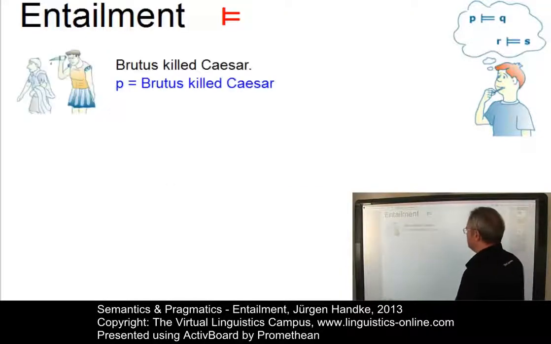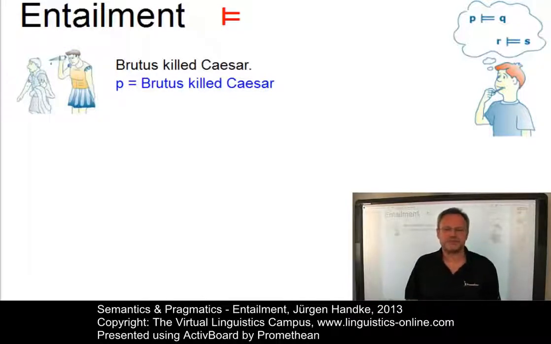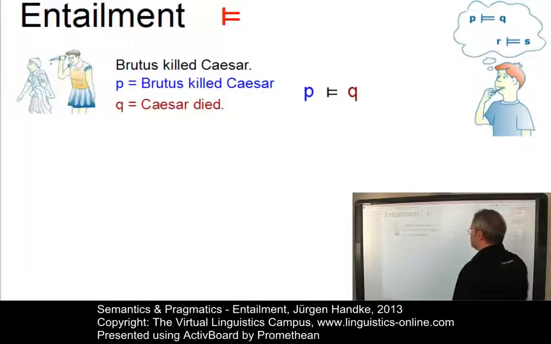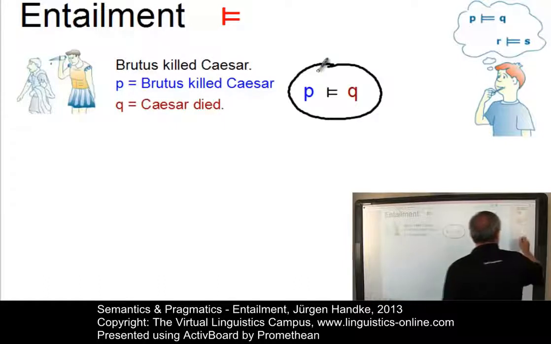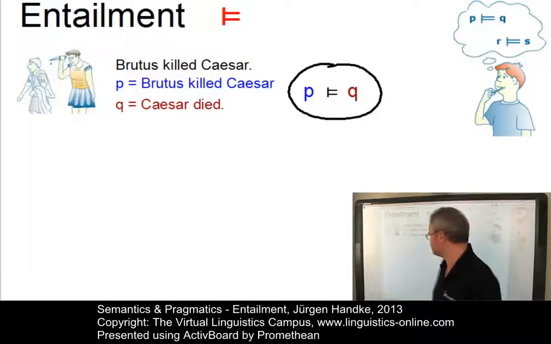Let's take the following proposition: P. Brutus killed Caesar. And this proposition entails that Caesar died. So here is our representation: P entails Q. Let us now see under what conditions we have such an entailment relationship.